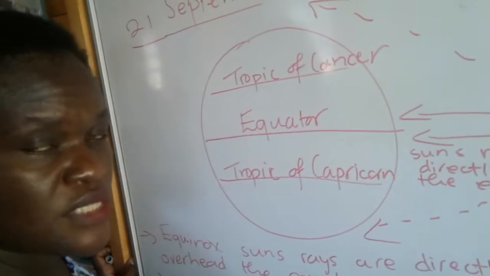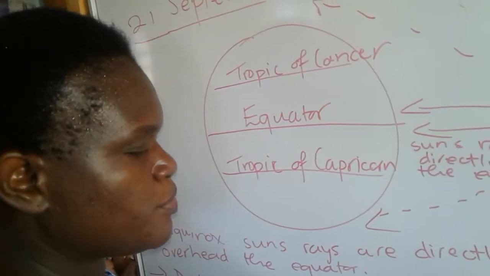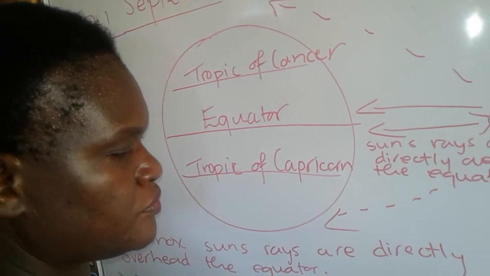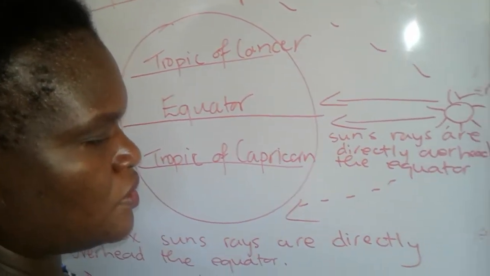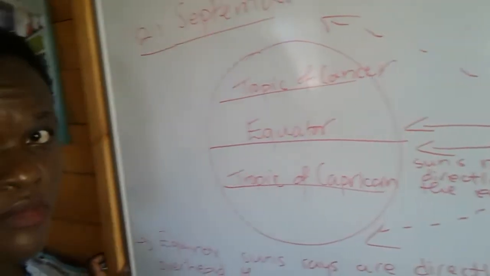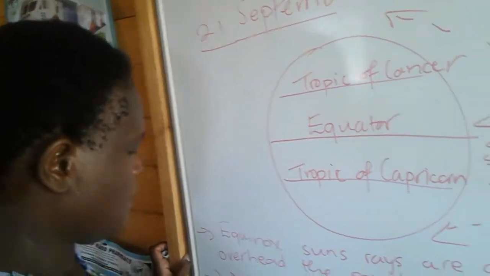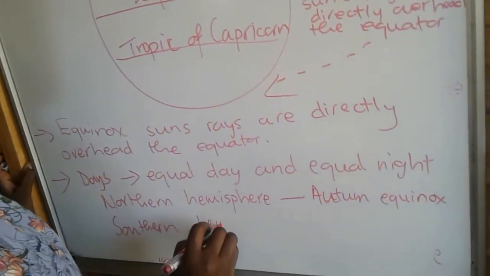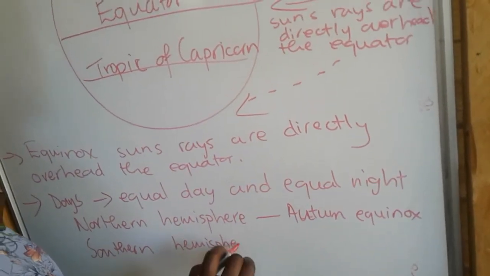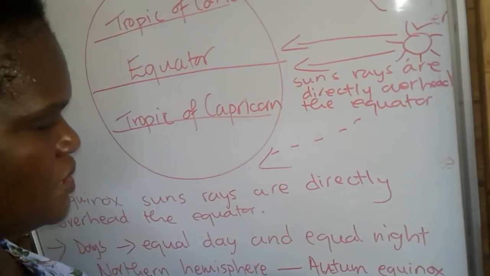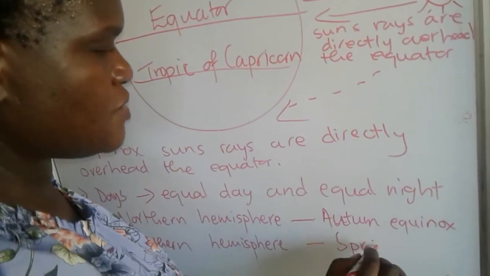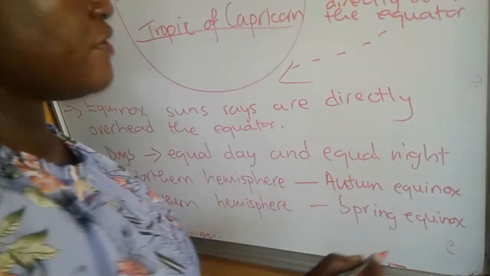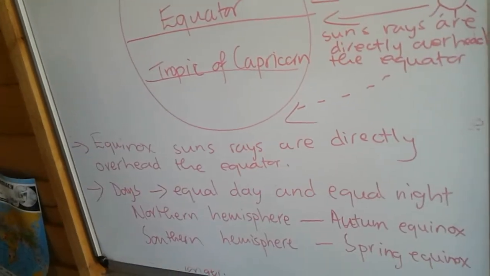Those in the northern hemisphere, it is now their autumn equinox. They have to say goodbye to summer, starting to prepare for winter. And what about us in the southern hemisphere? It means it is spring for us. Bye-bye winter. We are now preparing for summer.